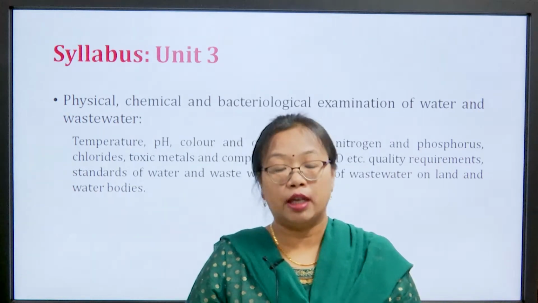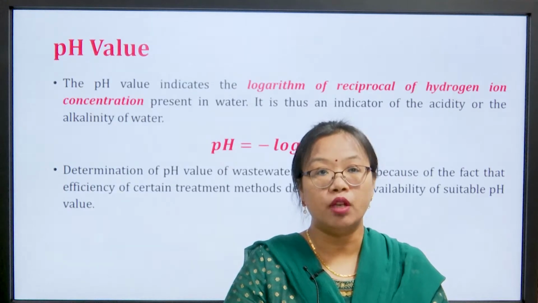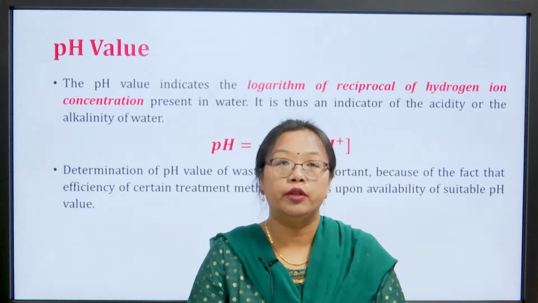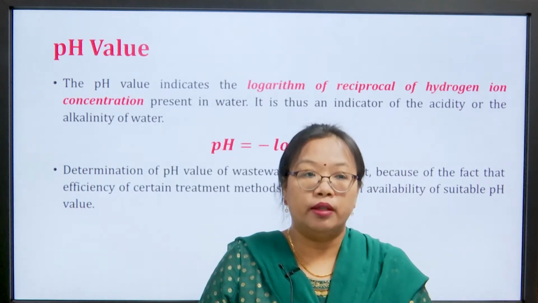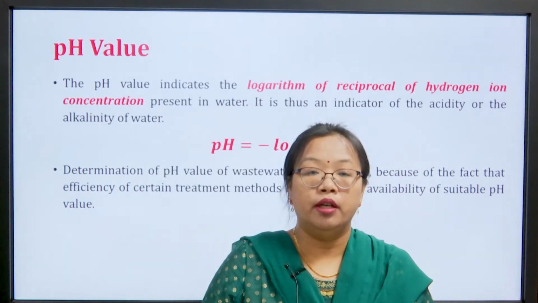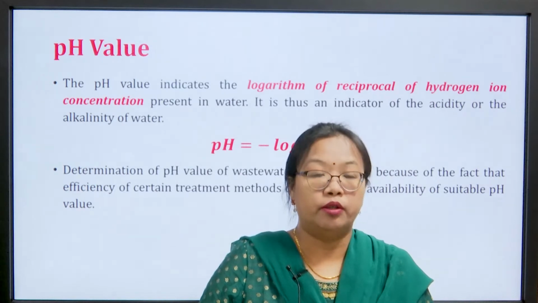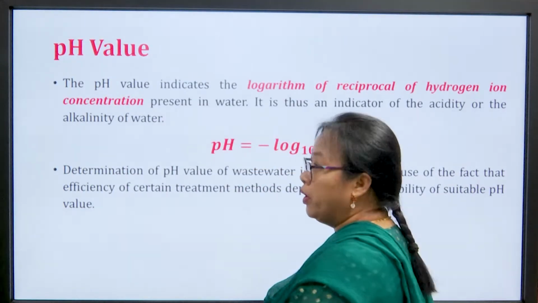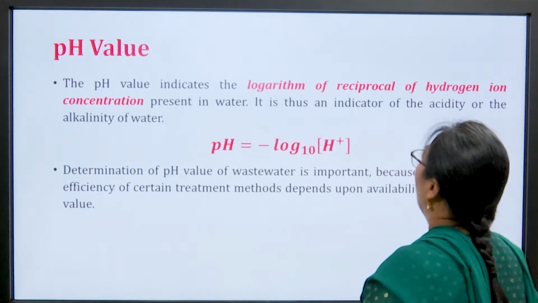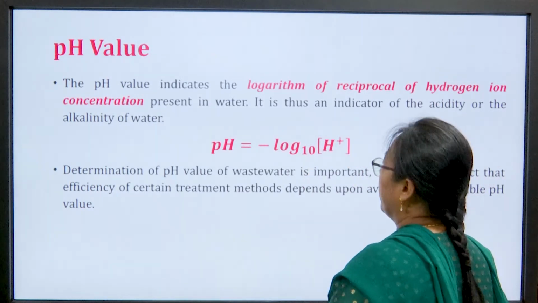After that, let us come to the next slide, which is pH. We have already talked a lot about pH in water, so let me very briefly tell you 2-3 points for pH value for wastewater. pH indicates the log of reciprocal of hydrogen ion concentration.